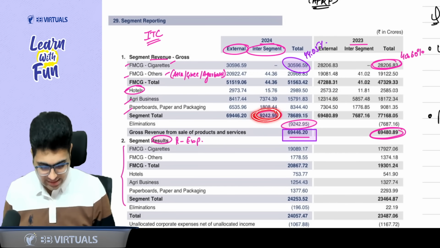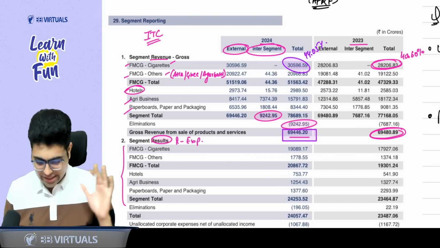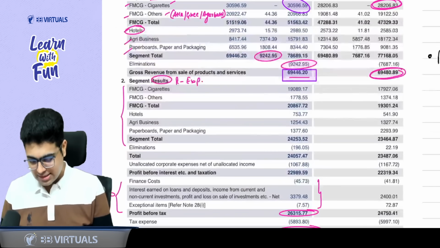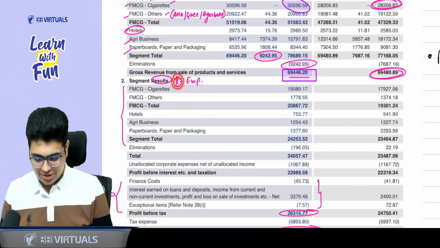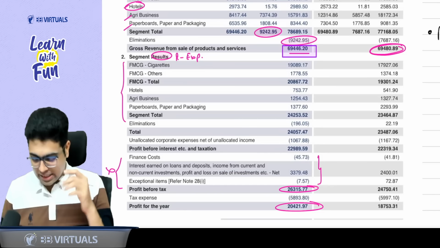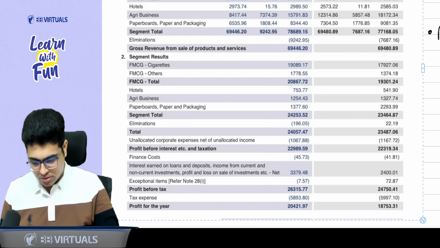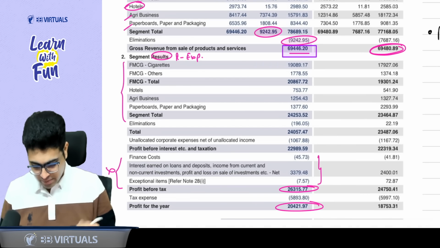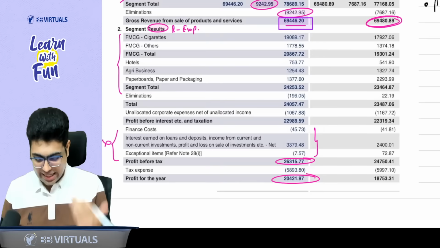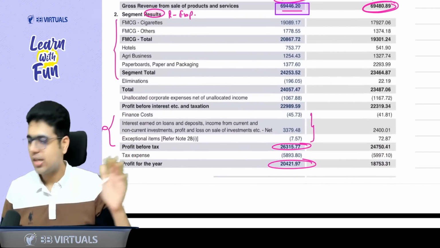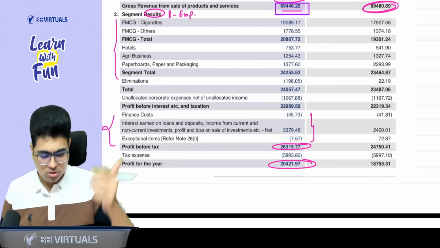Whatever is the inter-segment sales, they have properly eliminated it. Then you see the segment wise results. Results means revenue minus expenditure. Not only the revenue, but you also allocate the assets. Assets and cost are also allocated.